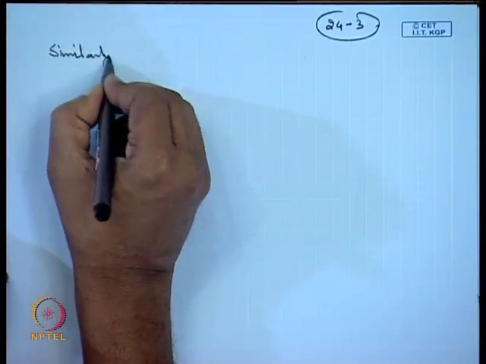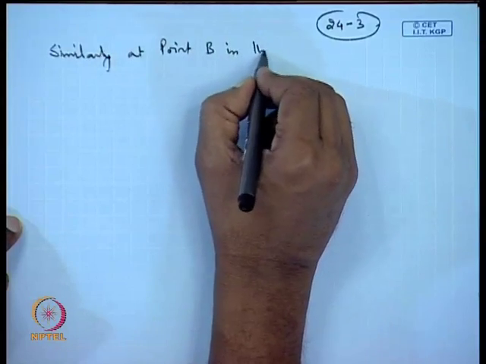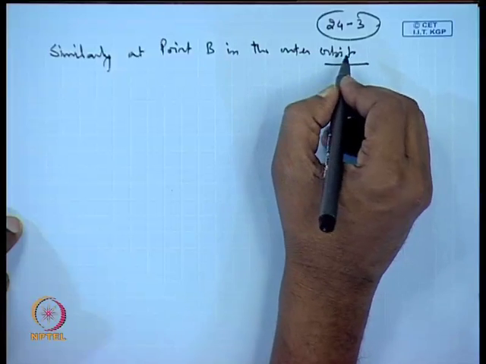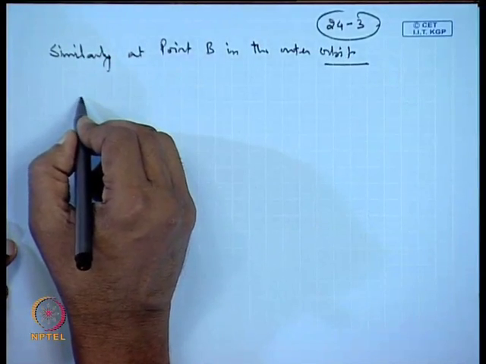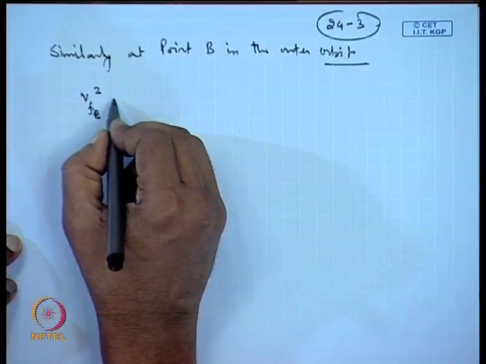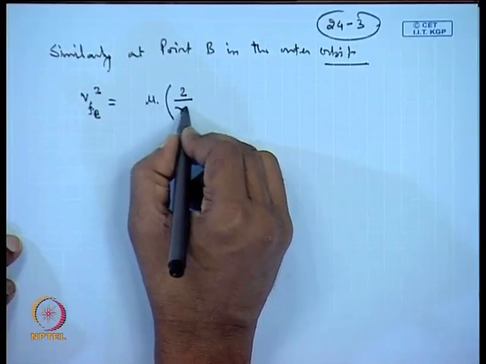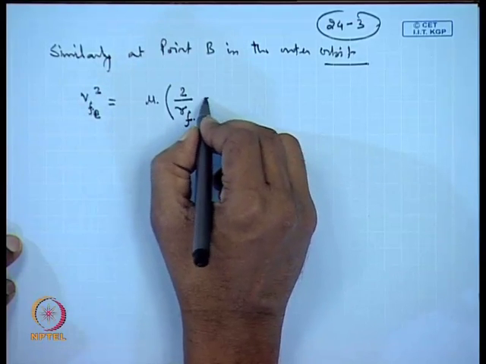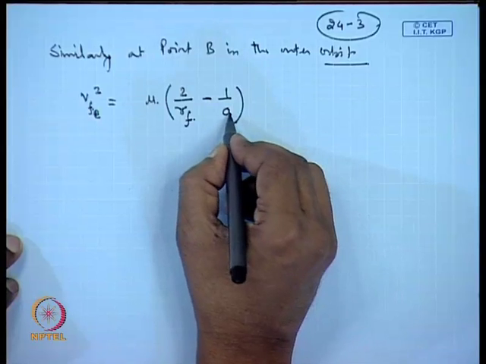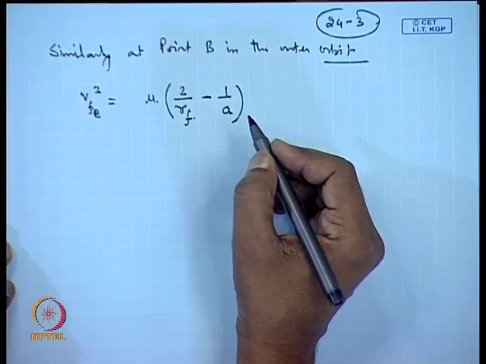Similarly, at point B in the outer orbit, we can write V_Fe squared is equal to mu times 2 by r_F minus 1 by a, where a is the semi major axis of the transfer orbit, which is the elliptical orbit.